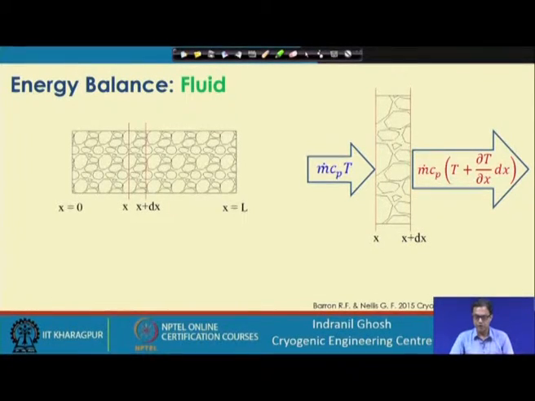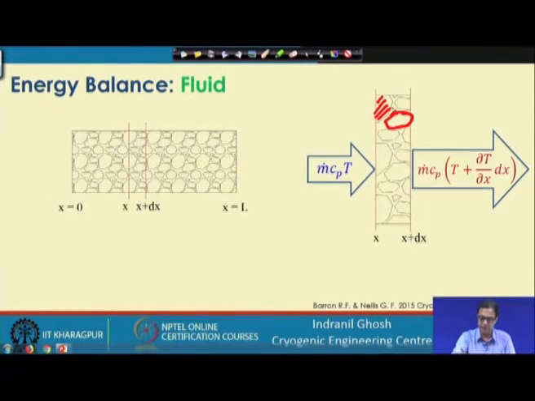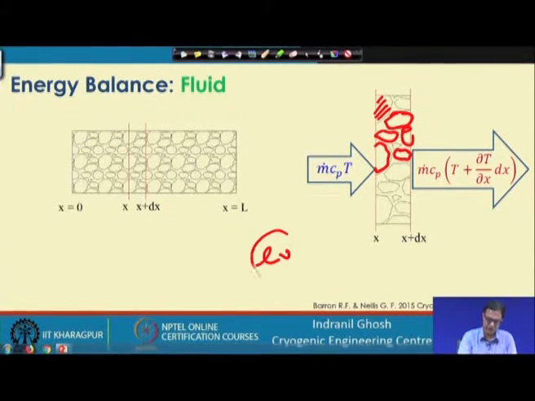If you look into this configuration, we have some solid particles and we have a certain amount of void. So, this is a solid particle and this is a solid particle, and we have void. In the last class we talked about it. The void is given by E v, that is the void fraction.